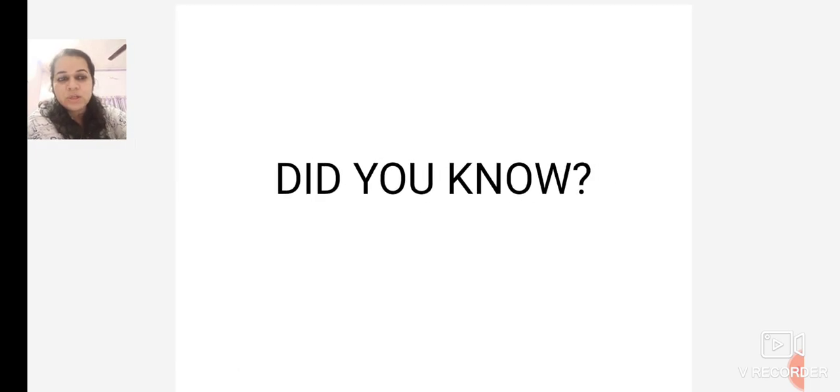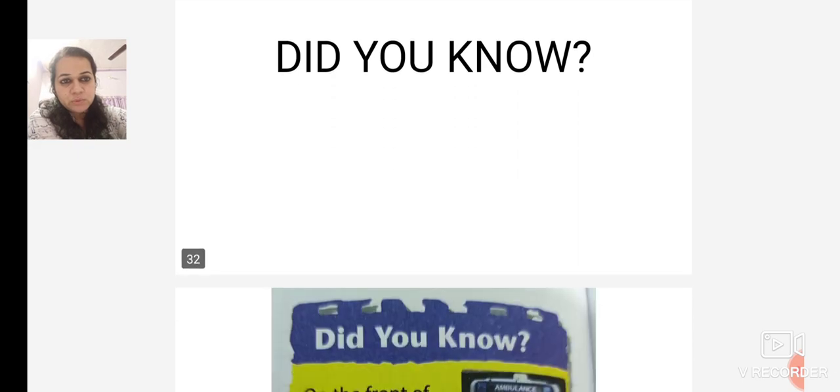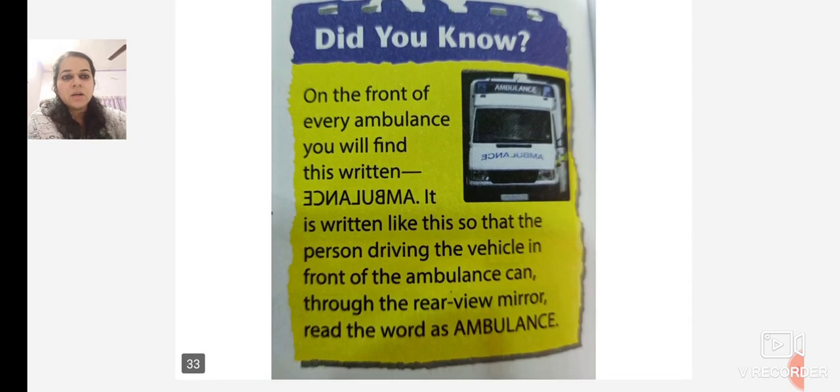Did you know? On the front of every ambulance, you will find the word ambulance written in a mirror image, which is the opposite way, with opposite alphabets written.